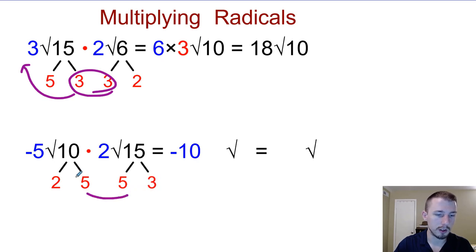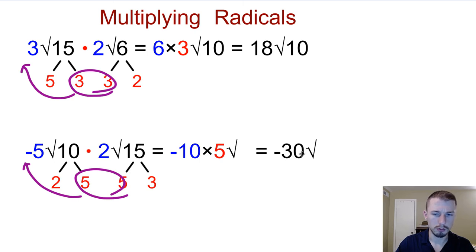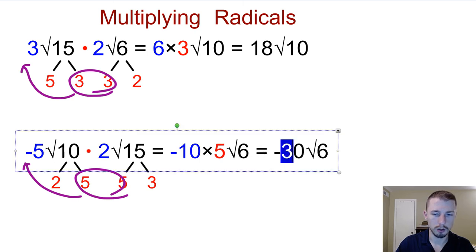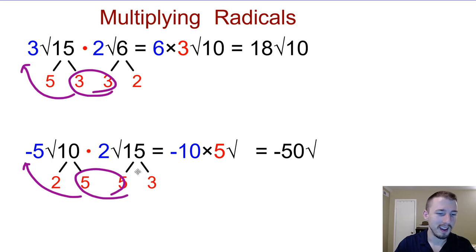On this one, we notice the 5s will come out to join the negative 5 and the 2, which gives us negative 10 times 5, which is negative 50. Oops, there's something wrong with that. Okay, and then left on the inside is 2 and 3, which would give us 6. So radical 6. Altogether we have negative 50 radical 6.